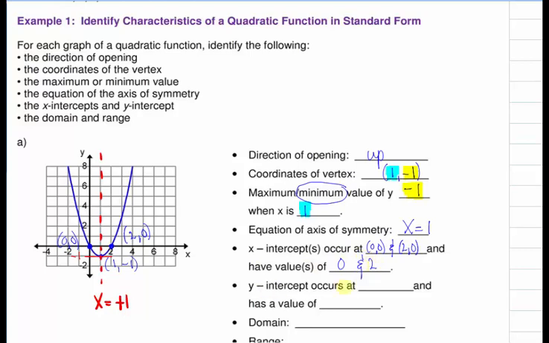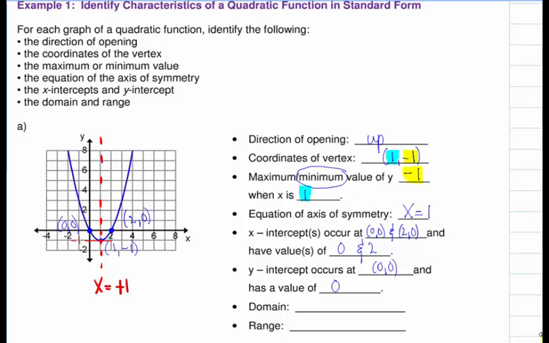Our y-intercept occurs at, well, we go to our graph, we see that it crosses the y-axis at this x-intercept, and so we have an x-intercept and a y-intercept that share the same coordinates, 0, 0, and so we have a y-intercept that has a value of 0.